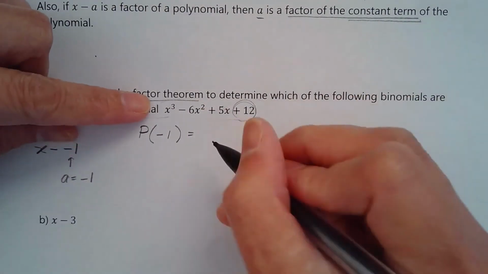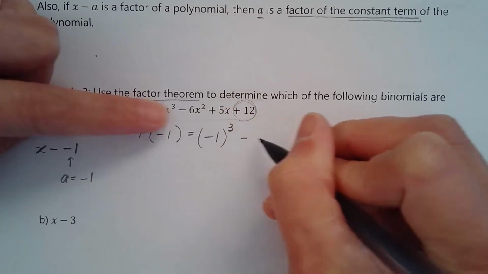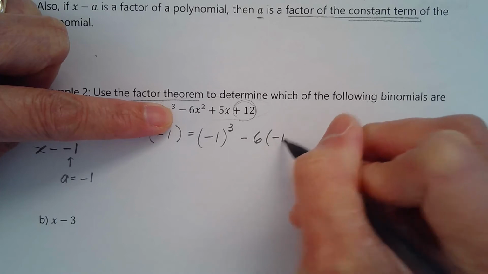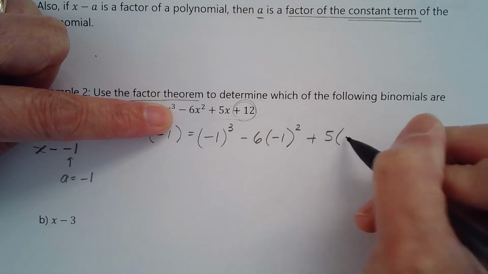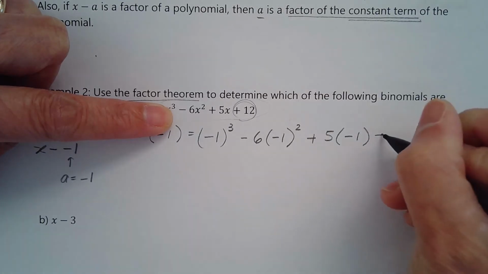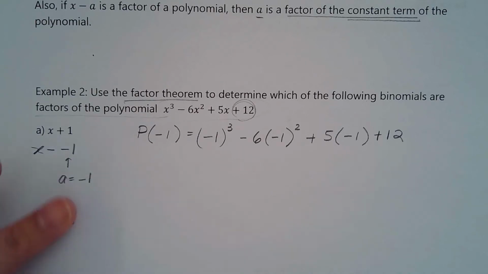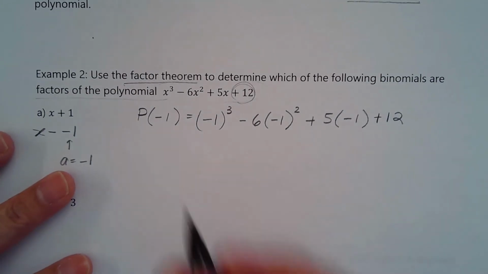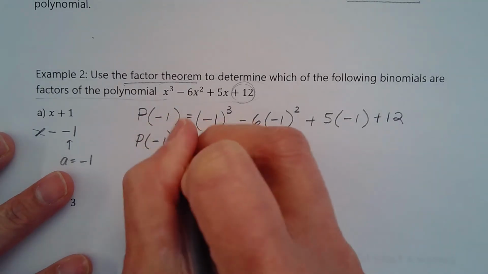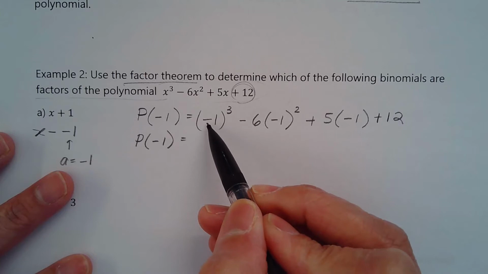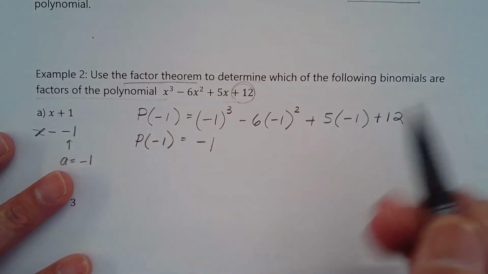So we're going to go here: negative 1 cubed minus 6 times negative 1 squared plus 5 times negative 1 plus 12. Let's see what that number is going to give us. P of negative 1 is equal to negative 1 cubed, which is minus 1.